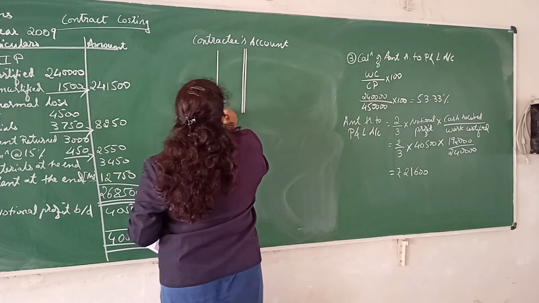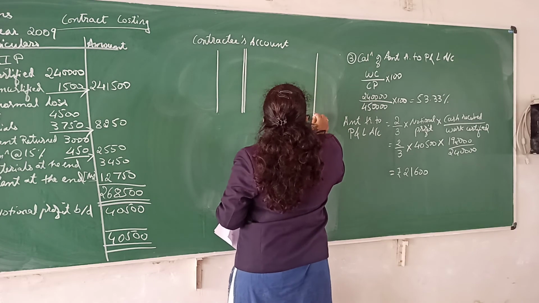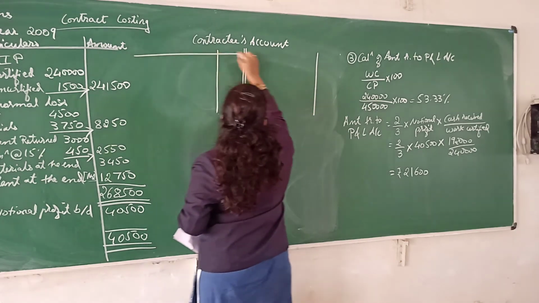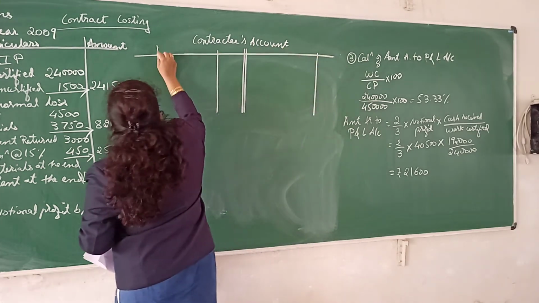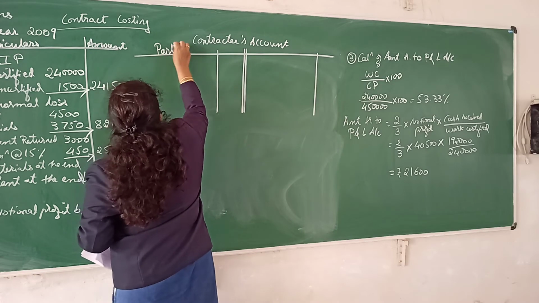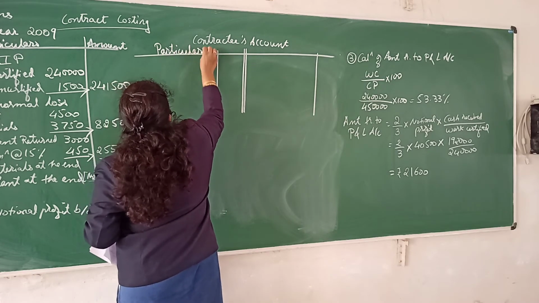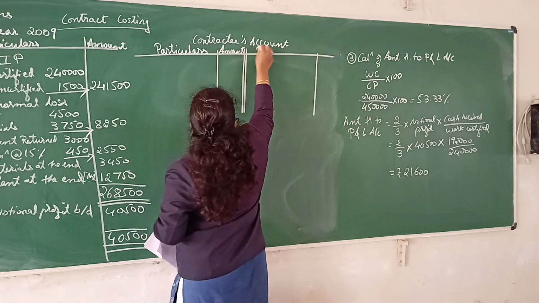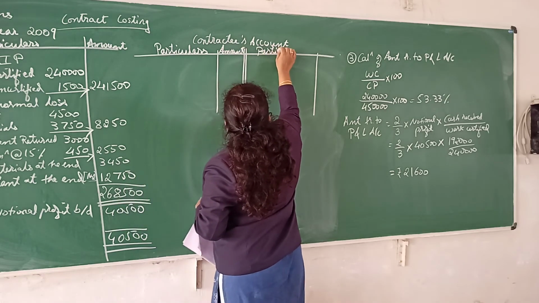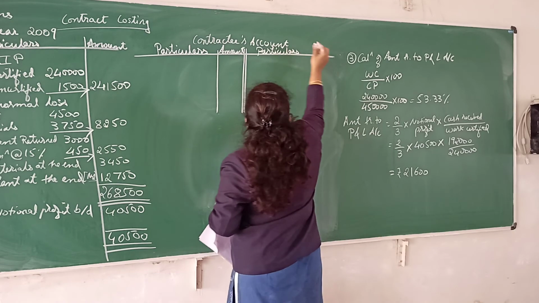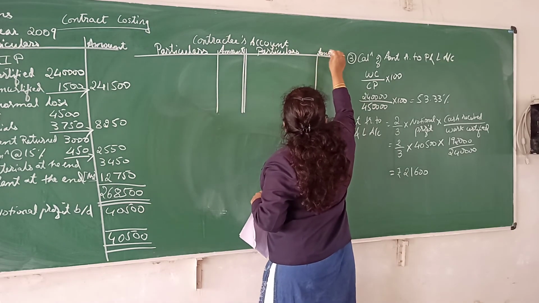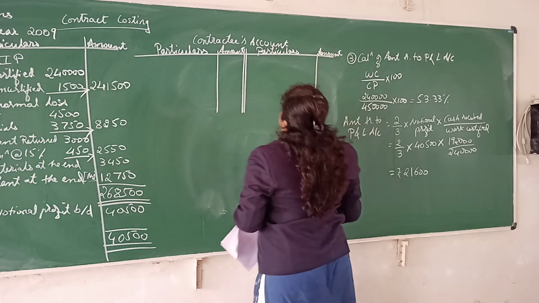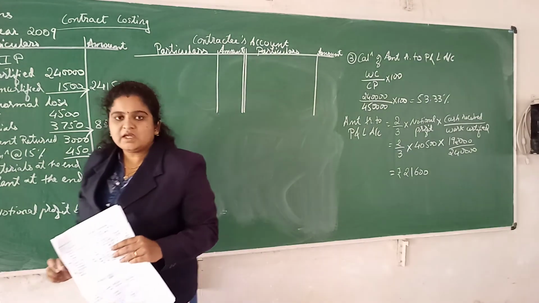One more column. Particulars. Amount. Particulars. Amount. Okay.